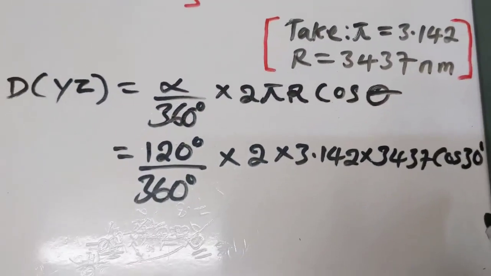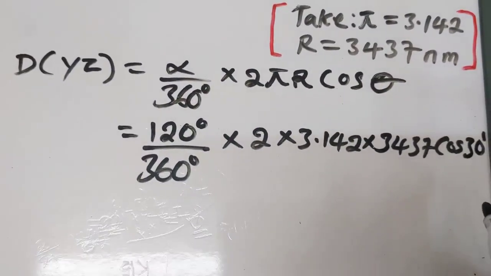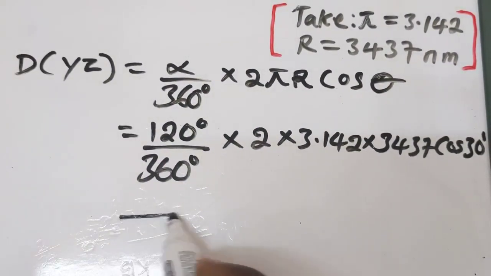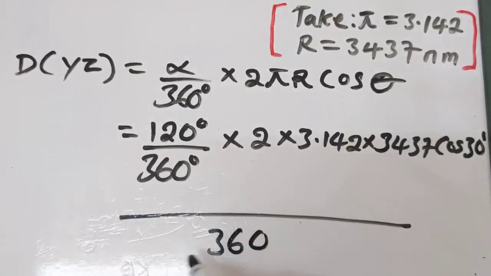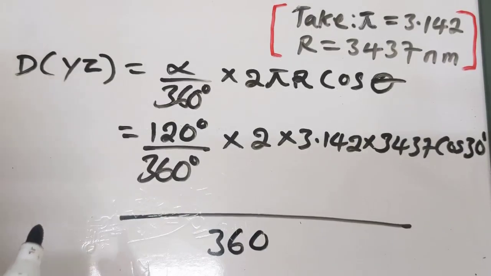Now we can multiply. To get all the marks, just do what I'm doing, as simple as that. So we have 120 multiplied by 2 by 3.142 by 3437 cos 30.